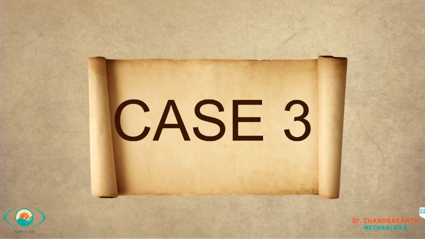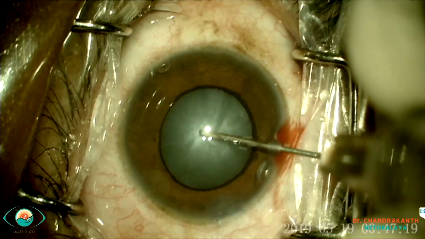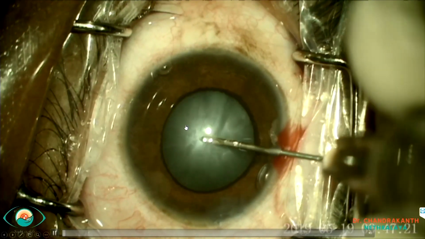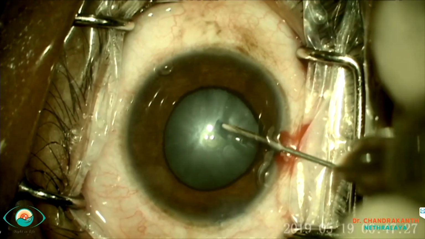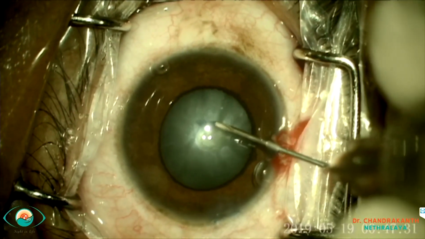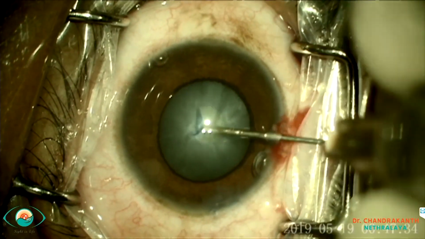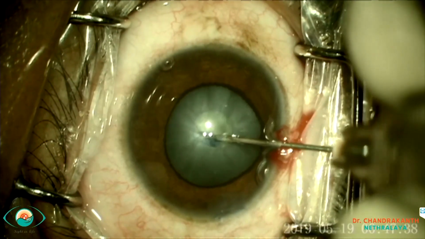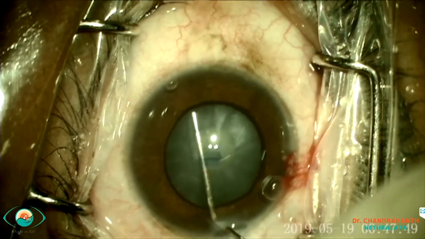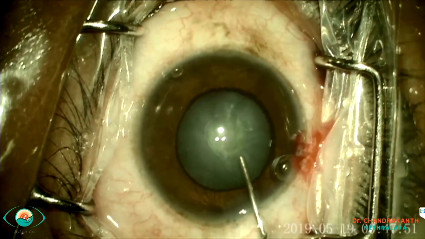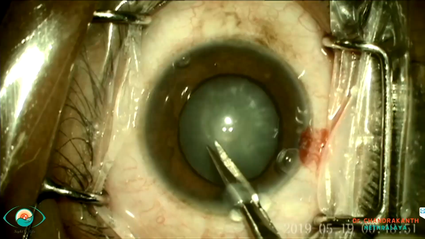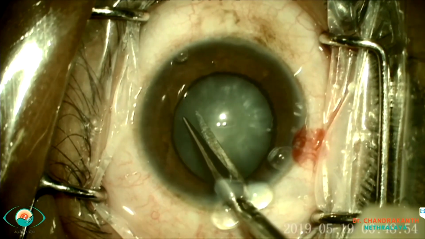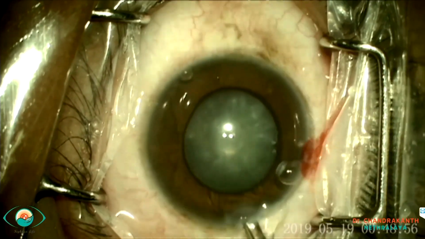Come to the third case scenario. Again, a mature cataract. You've been doing a small mini rhexis. Then release the loose cortex, release the intralenticular pressure, wash away the loose cortex, then make a small nick on the anterior capsule.